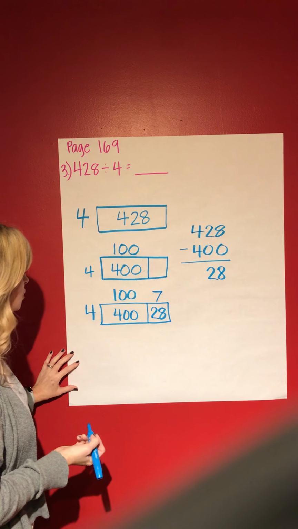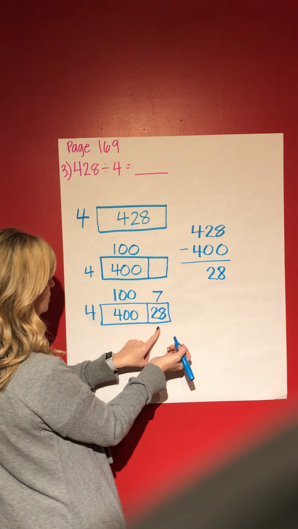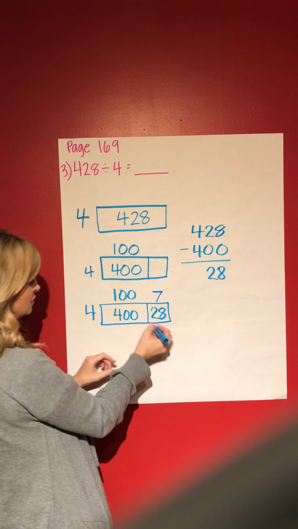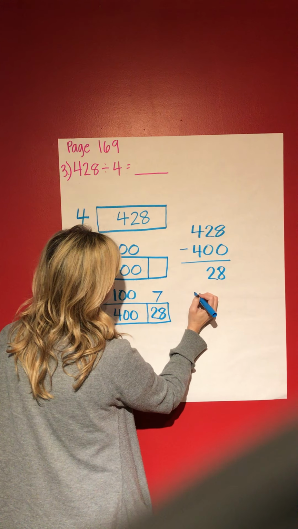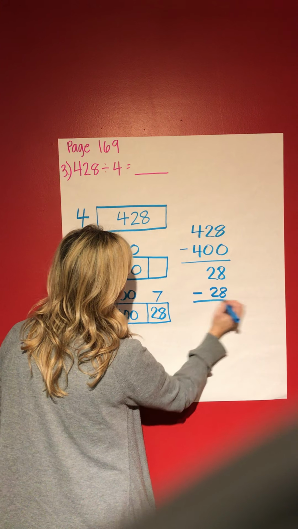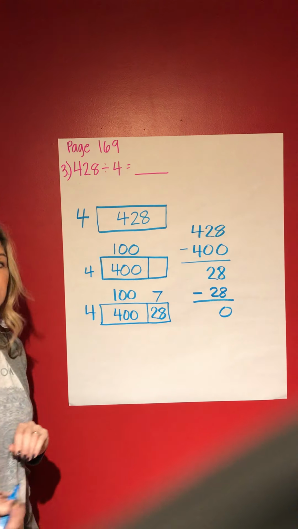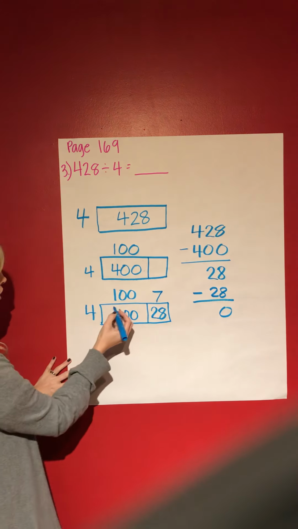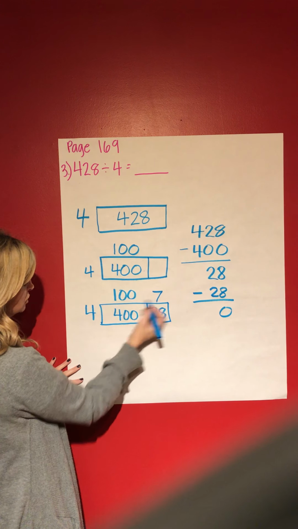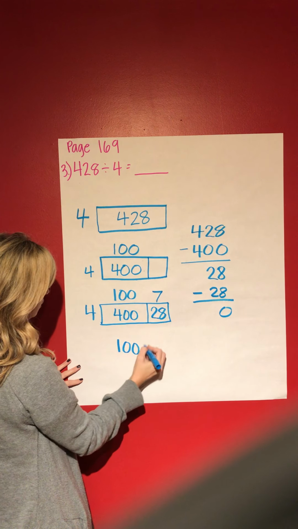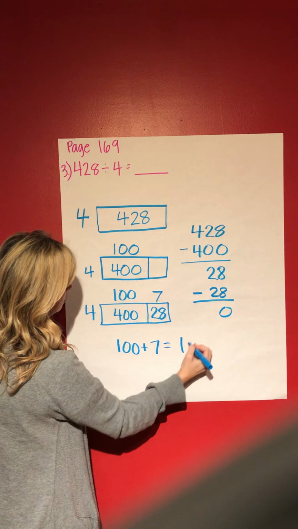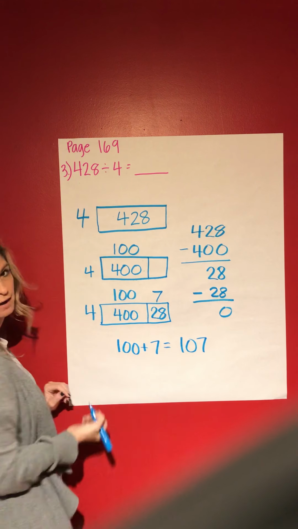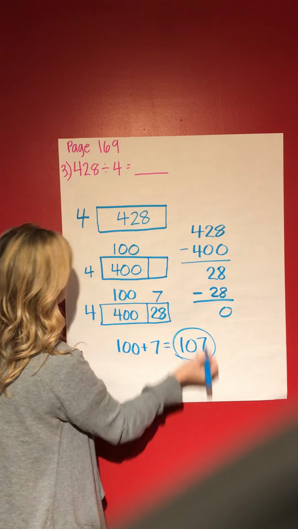Okay, so if I take this 28, and so I've got that part, and I go ahead and subtract what I had left, I'm gonna get 0, and I'm finished, okay? So I'm gonna add these two numbers together, these two factors, that are gonna give me my quotient, which is easy math, 107. So that's my answer.